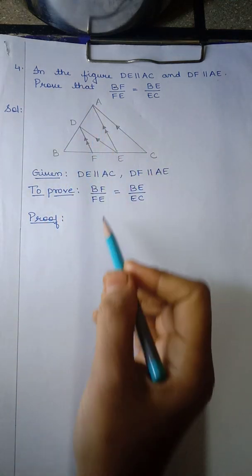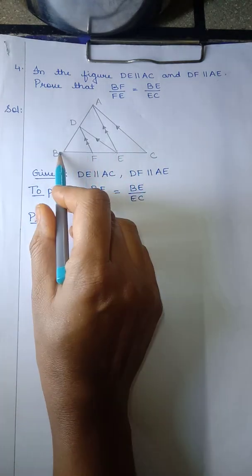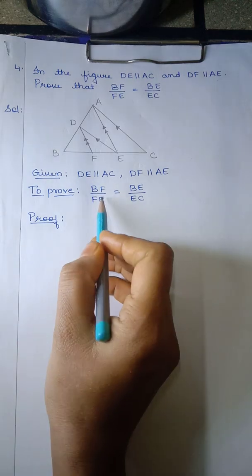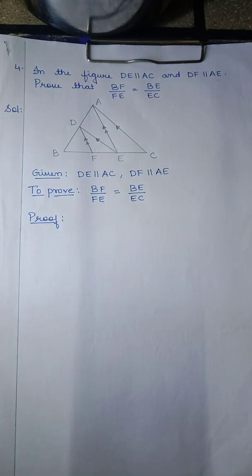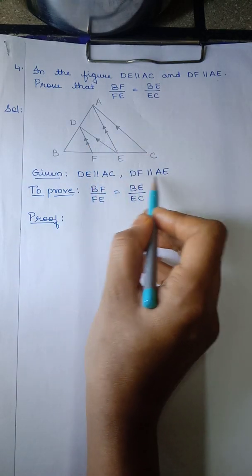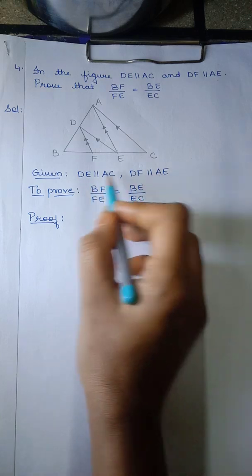You have to prove that BF upon FE is equals to BE upon EC. So this is also very simple, similar to the third question. You have to use the Thales theorem to get BF upon FE is equals to BE upon EC. Now the given is always a clue to what is to be proved. Two lines they have given parallel.